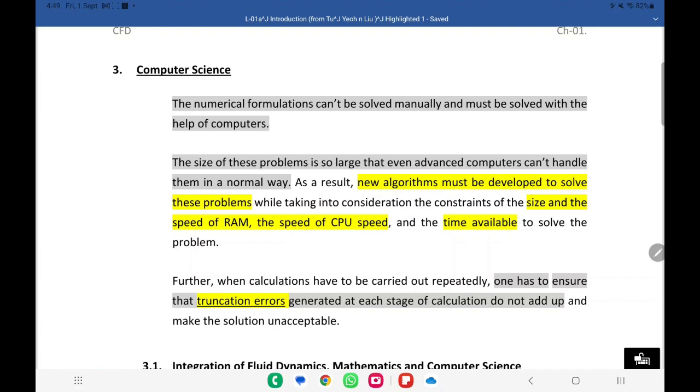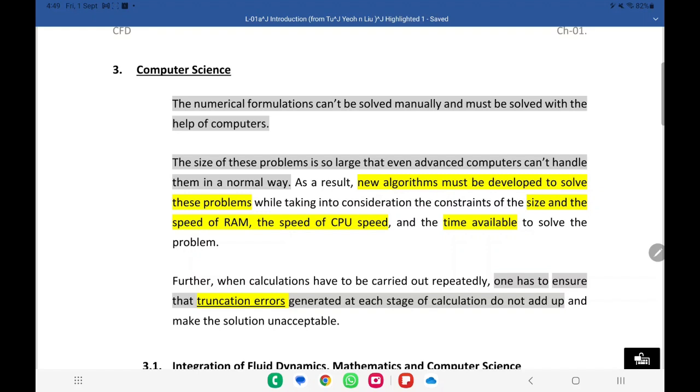So how to develop that program that can use the limited resources. And what the computer person is thinking is: how can I increase the RAM, how can I increase the CPU speed, so that I give more freedom to this person, and he can do it faster.